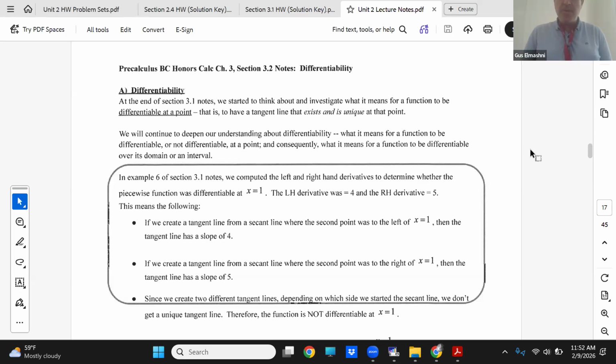So here's what it's trying to say. Let me draw it. The wording's a little confusing. The graph looked like this, right?